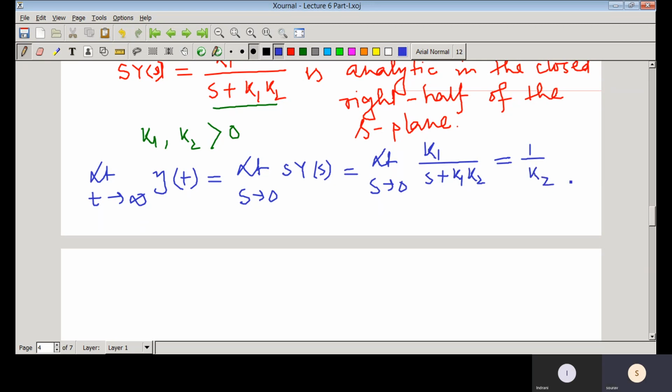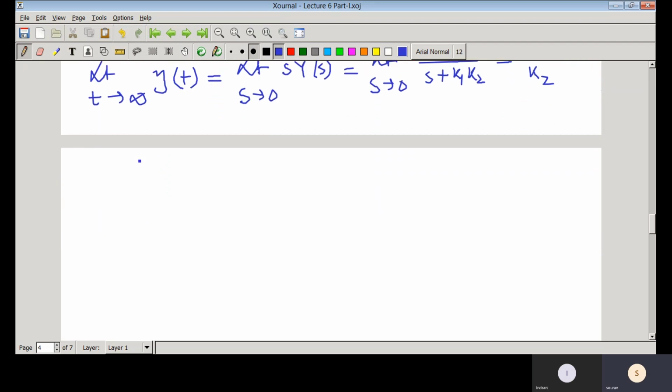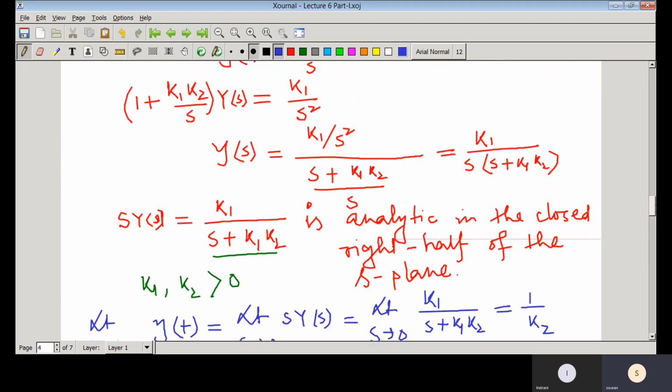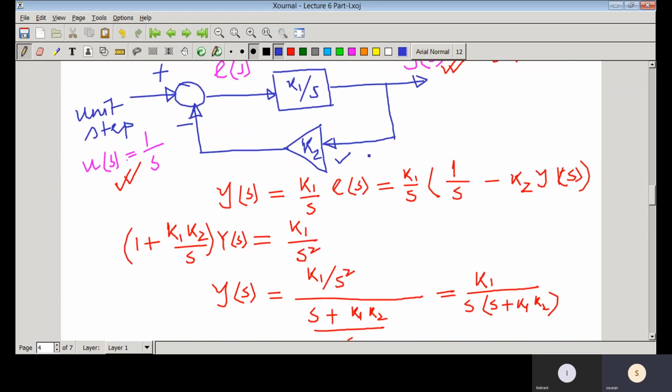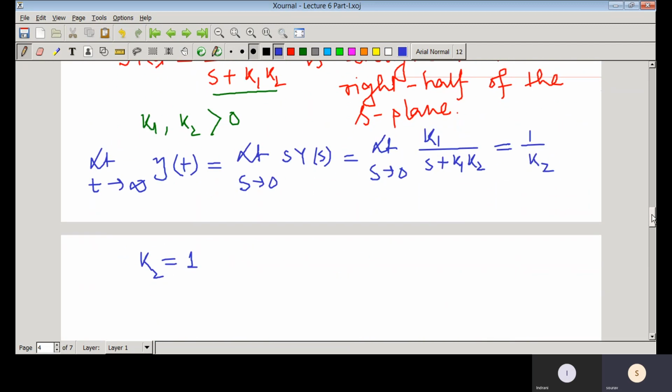Now if you take different values of K1 and K2, suppose K2 equals 1. That means unity feedback, and then you will get y(t) equal to 1 when t tends to infinity. That is the steady state value.